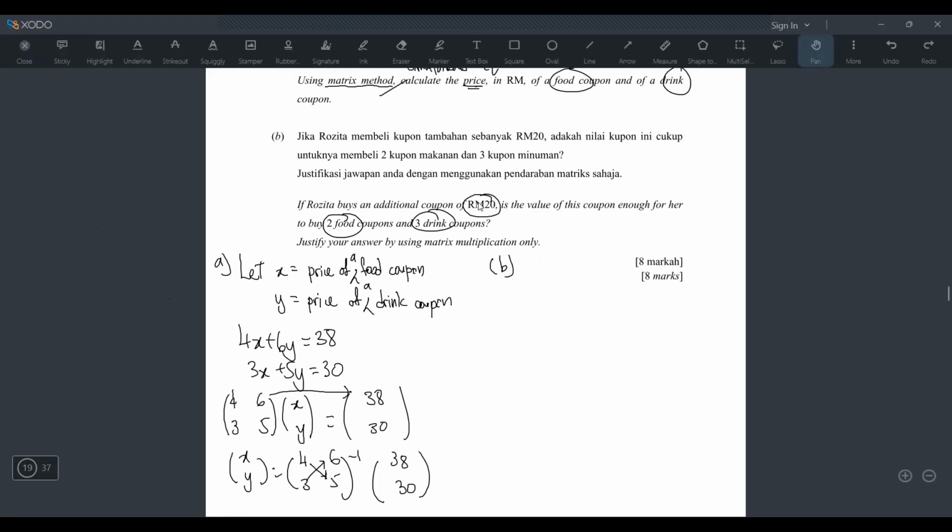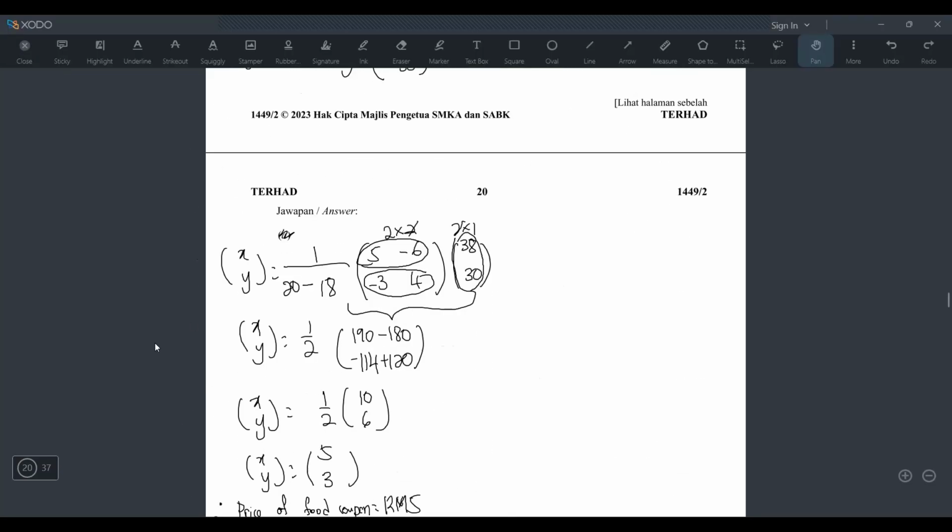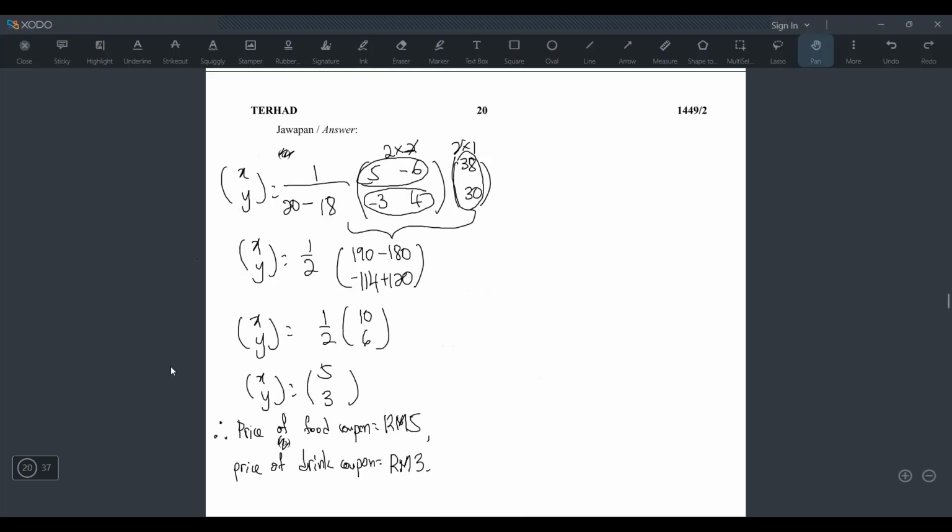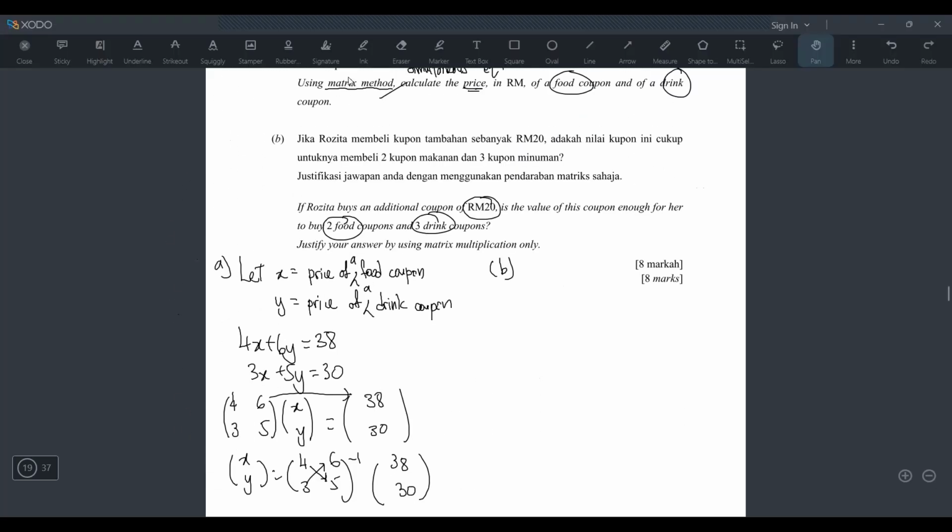Okay, so she wants to buy another 20 coupon, and the question asks us to determine whether 20 ringgit is enough to buy 2 food and 3 drink. We already know 1 food is RM5, and 1 drink is RM3.